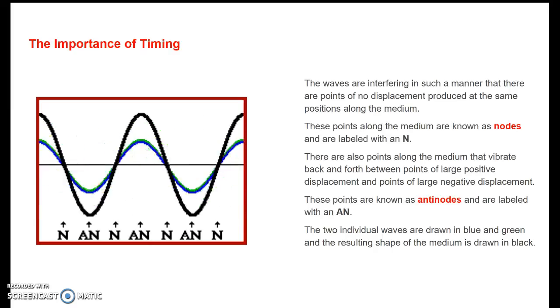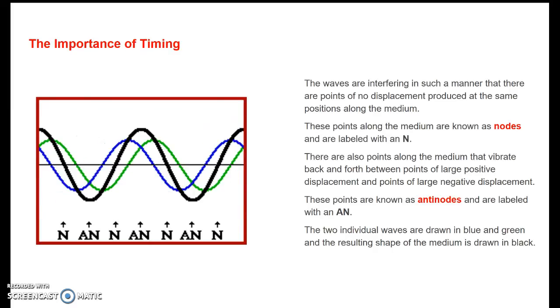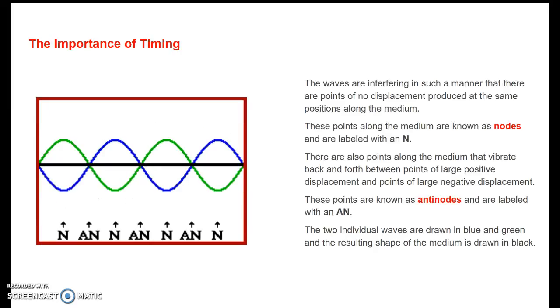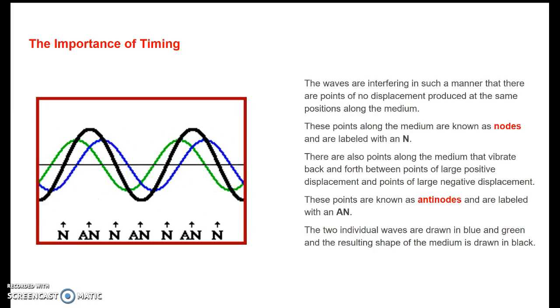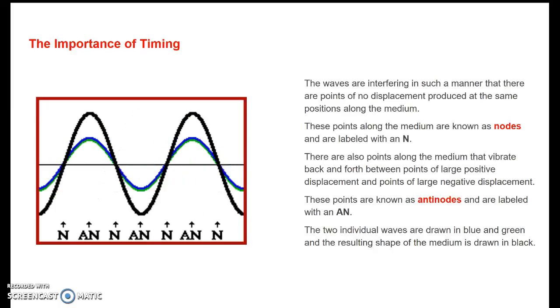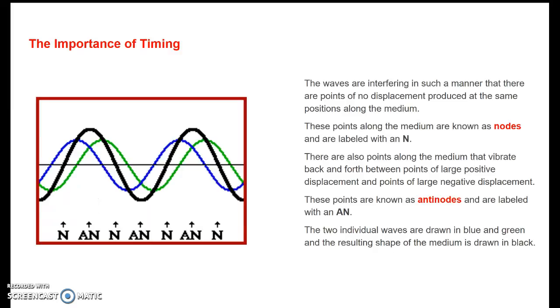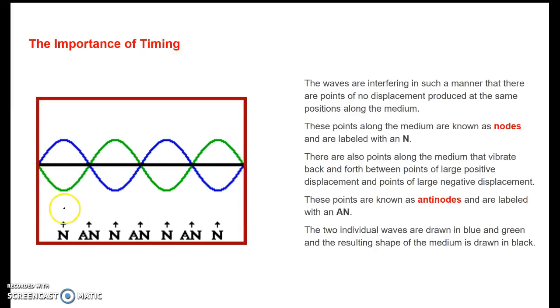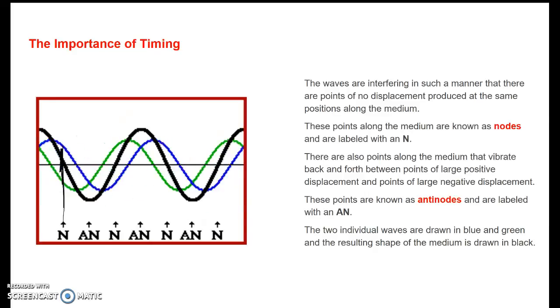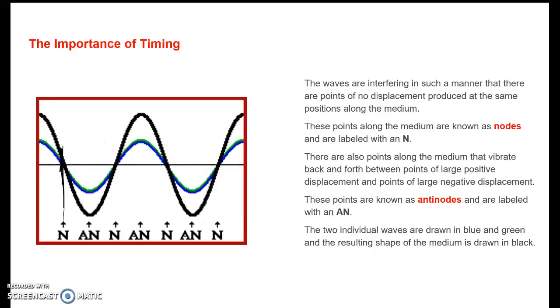So we have constructive and destructive interference, but in the end, when we have completely destructive interference, that's where things meet. Now, if you look at these points where the N and AN are, the points in the standing wave where the particle doesn't appear to move, so I'm going to draw that right here. That's what we call a node, okay?